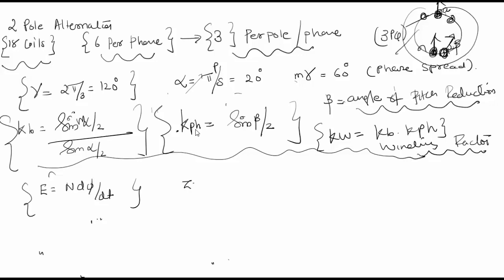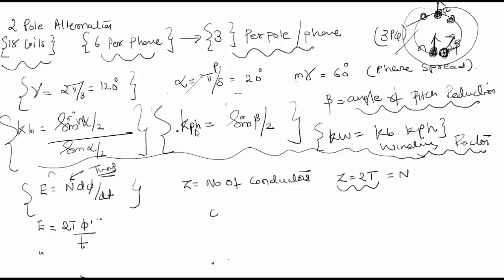And if Z is equal to number of conductors in this case, and Z is equal to 2 times the turns, then 2t will be equal to my n for this equation, which n is equal to the number of turns of conductors. So this whole equation can be written as E is equal to 2t phi by t, where phi is equal to my flux per pole in Weber.